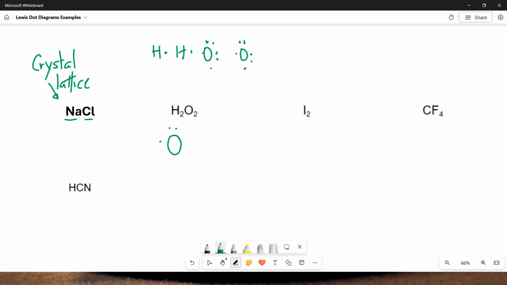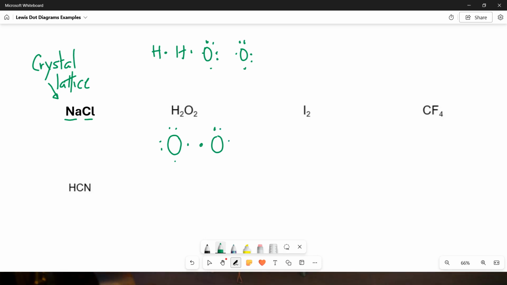So I'm going to line these atoms up with their bonding sites connecting or pointing towards each other. So you can see that I turned this first one around so that the single sites line up and they can bond.